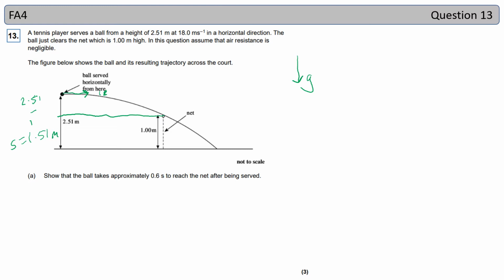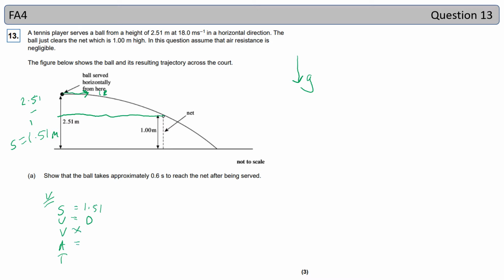We know we're modelling this in the vertical plane, so we write our SUVAT down. S is 1.51. Initial vertical velocity there is 0. We don't know our final v.